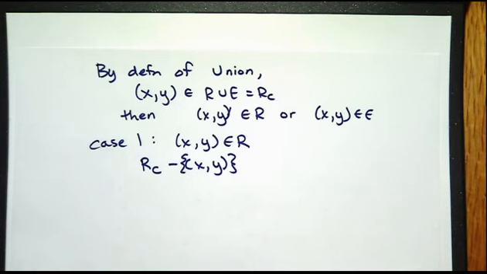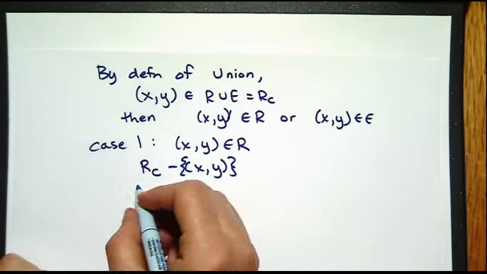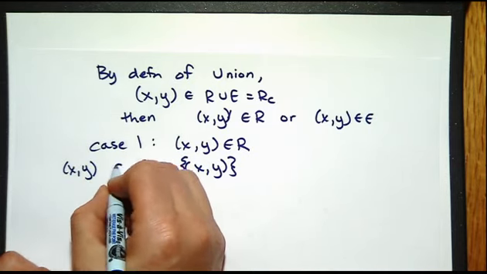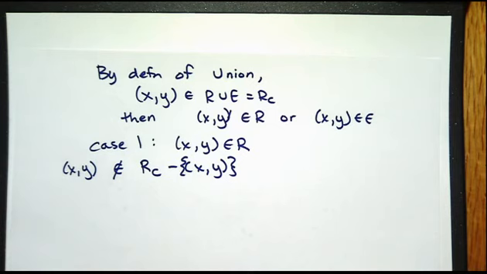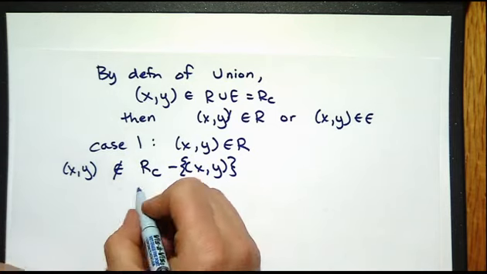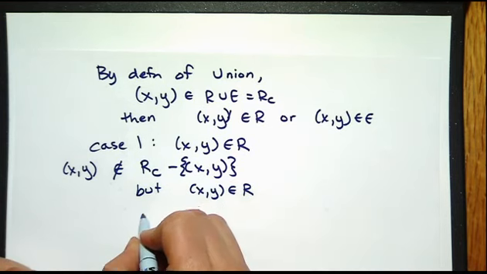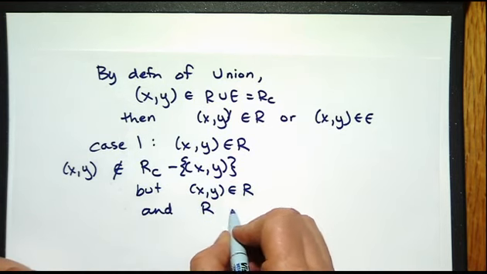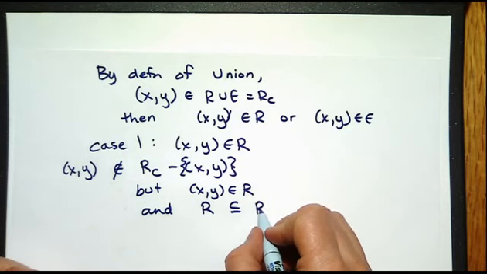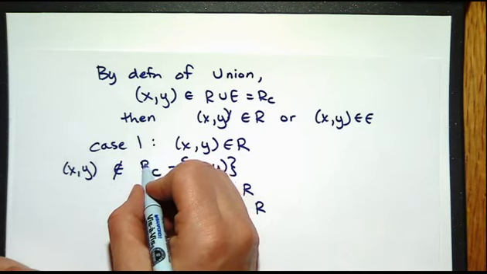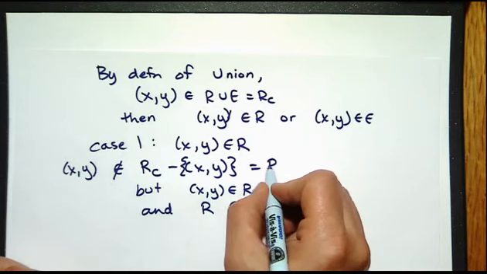We can't have that because that was part of our assumption in the negation of the conclusion. So what we're going to have right now is xy is not in the set RC minus xy, but xy is in R, and R must be a subset of the closure. So this is a new closure. Let's call that RC star.